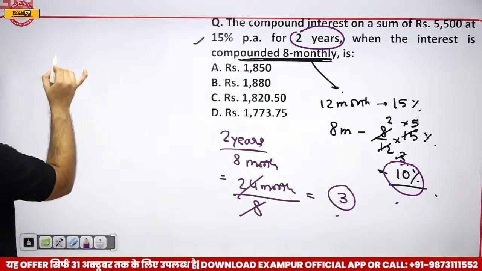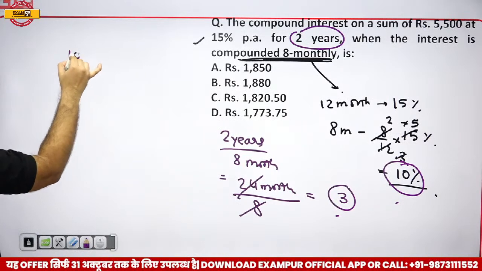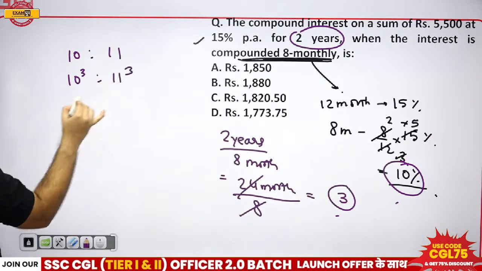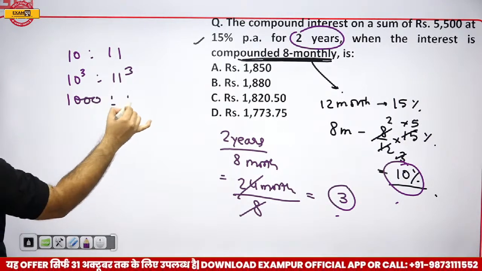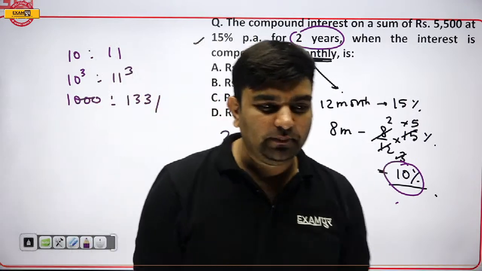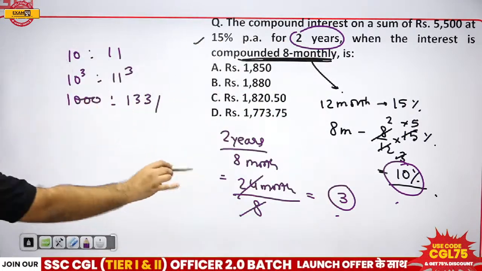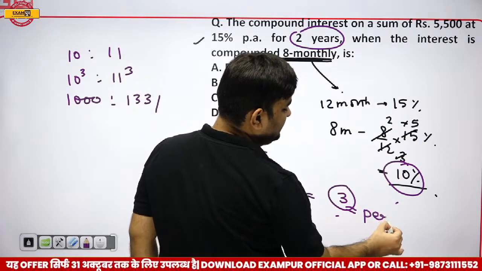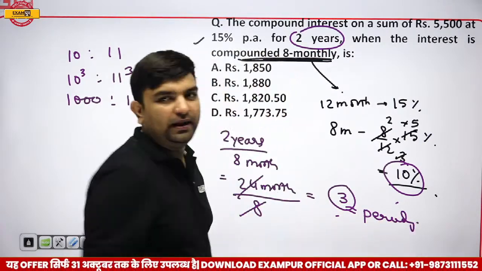So in 1, 10 will become 11. In 3, 10 ka cube will become 11 ka cube. 1000 will become 1331, my dear, in 3 periods. That is why I call it periods.